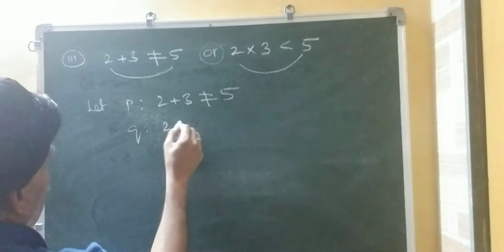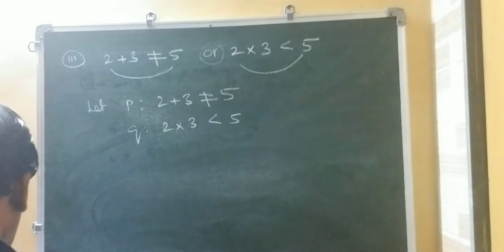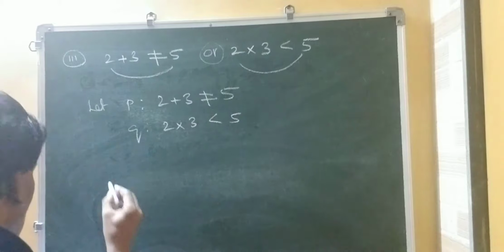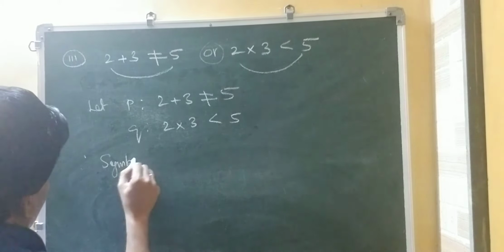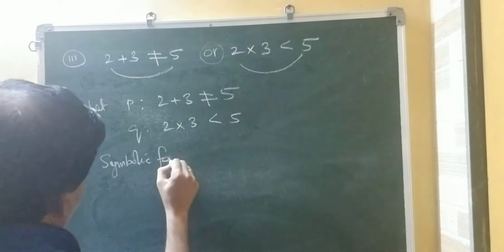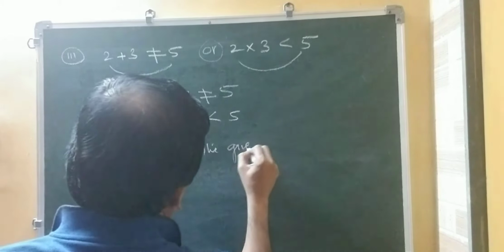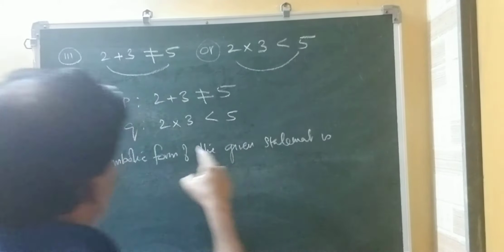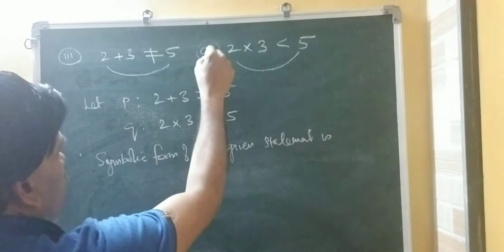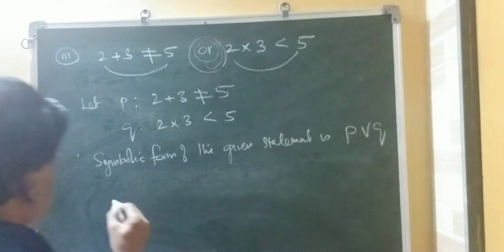Q: 2 into 3 is less than 5. Therefore, we have to write the symbolic form. The symbolic form of the given statement is P, what is the connective here? OR. P or Q.